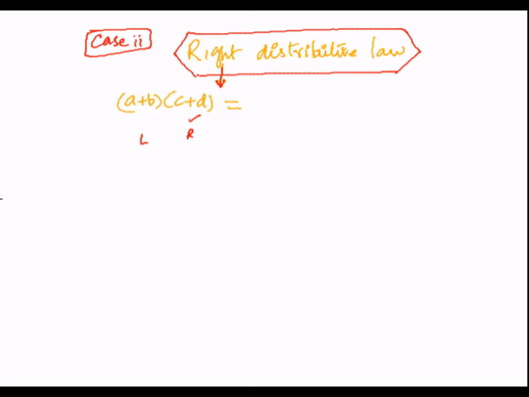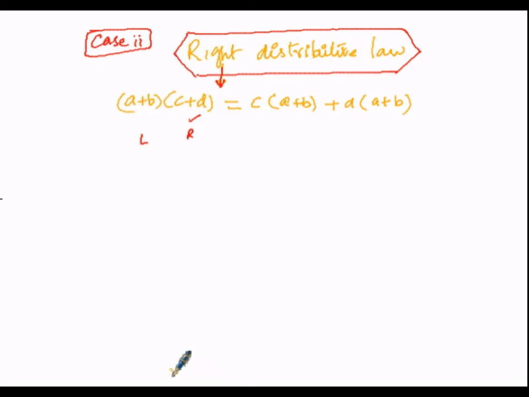So that gives us the right distributive law, which is nothing but c into the entire bracket of the left binomial, plus d into a plus b, that is, c into a plus b plus d into a plus b.